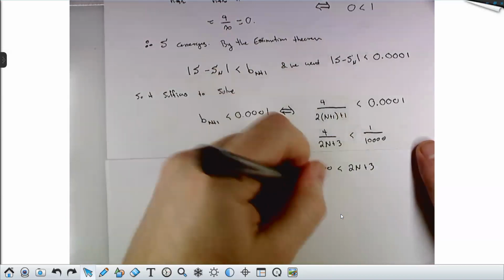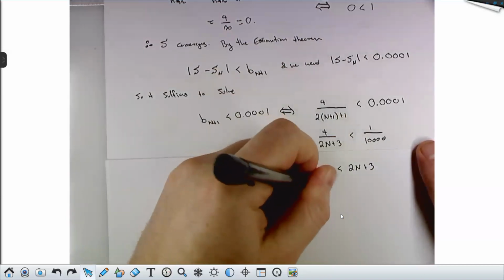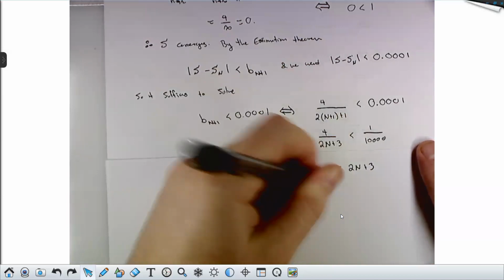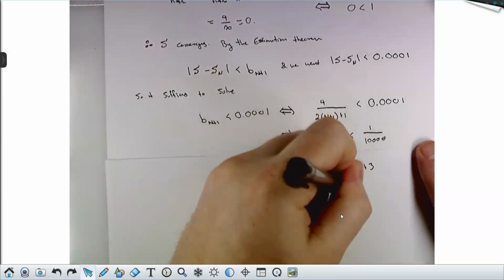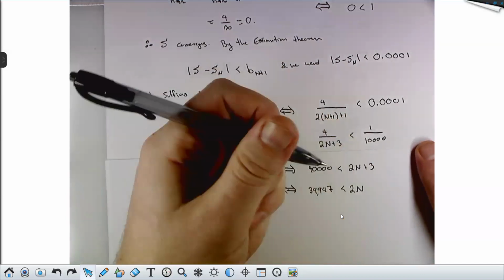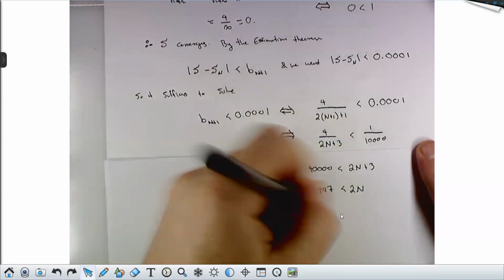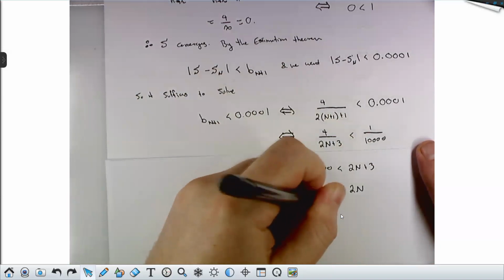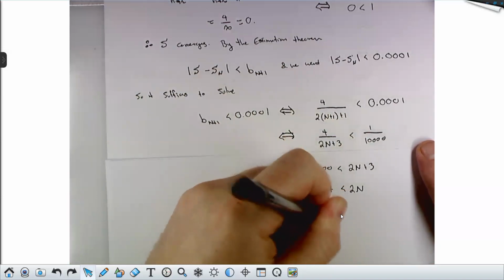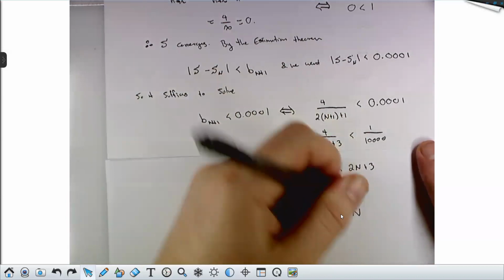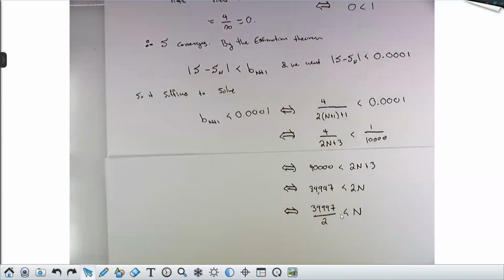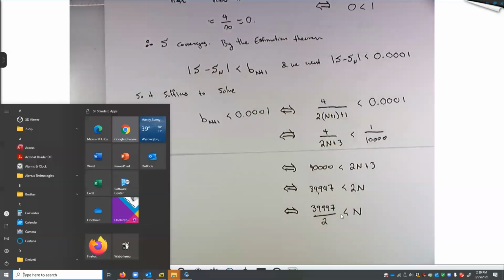which means 39,997 is less than 2N. And that would mean that 39,997 over 2 is less than N. No, I don't know what that is off the top of my head.